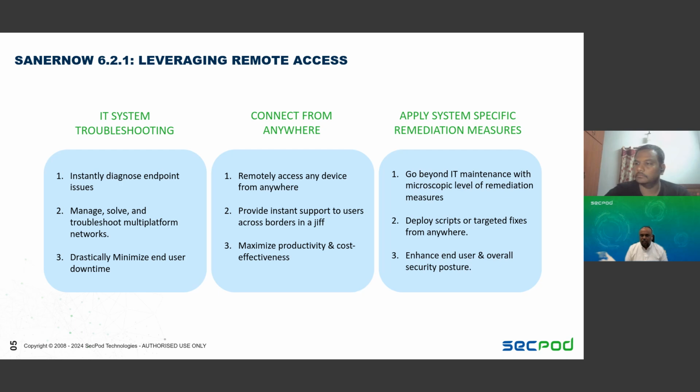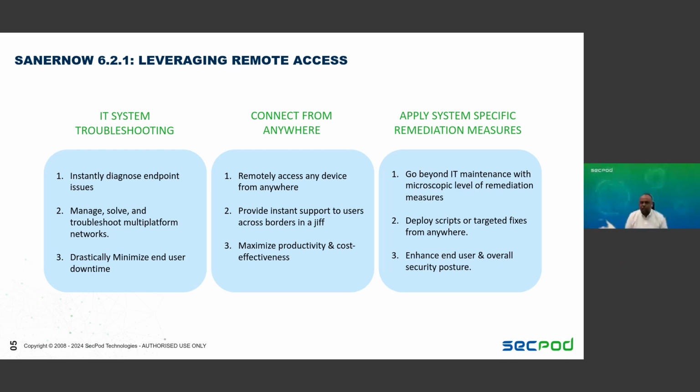And the third broad use case definitely is specific maintenance or specific scripts which you want to deploy on a particular target machine, which is more involved, which are not automated per se, but where you want to log in and run a few things, look at what is happening, and then take the next steps. So this is also something where you want to identify what is happening, and then probably apply some patches or scripts to improve the overall security posture.